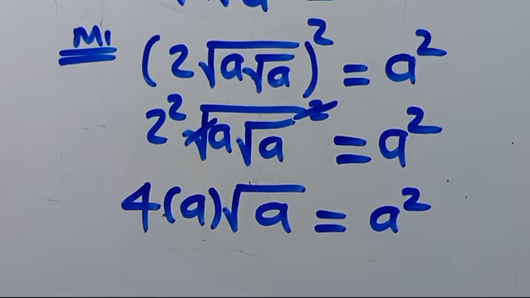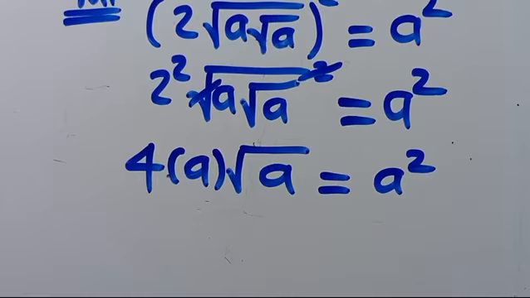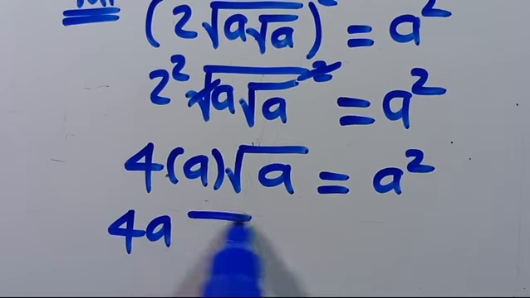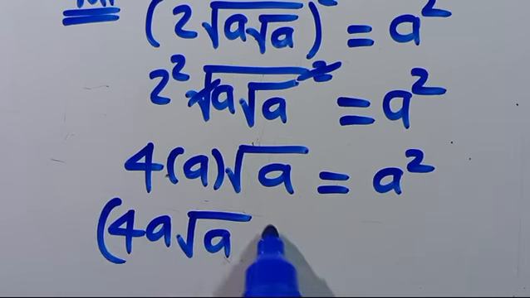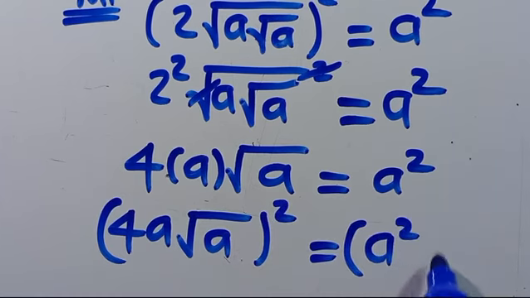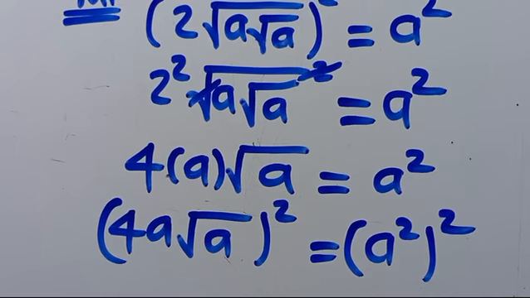Now from here too, we have to square again. So when we square both sides again, we are going to have 4a multiplied by root a, all squared, equals a squared into a squared.